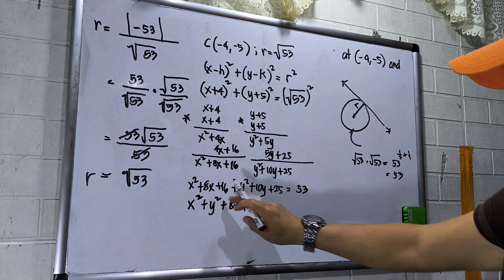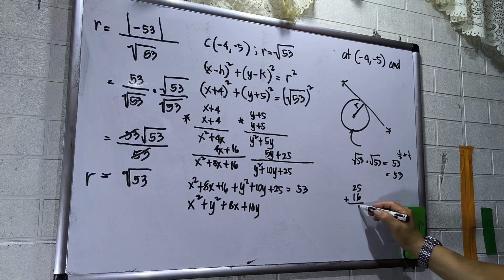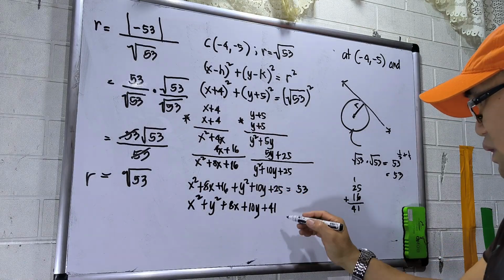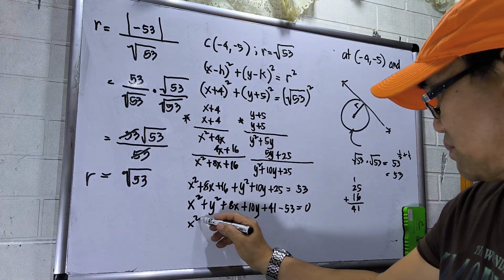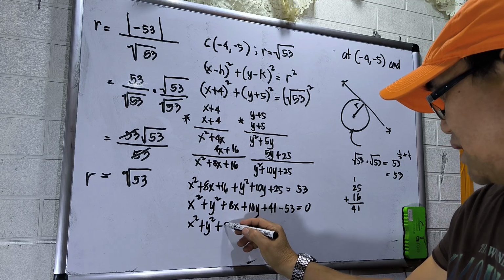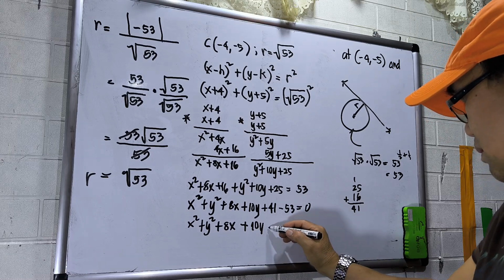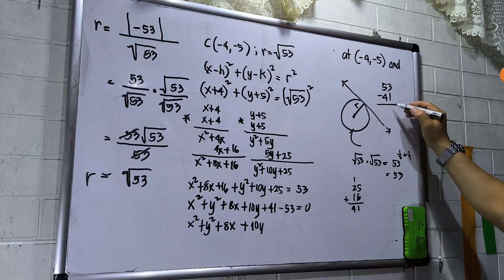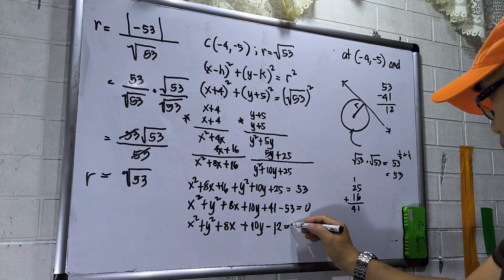Then add 25 plus 16, that is 41. The 53 will be transposed to the left as negative 53, equal to 0. So 53 minus 41 is 12, so this will be minus 12 is equal to 0.